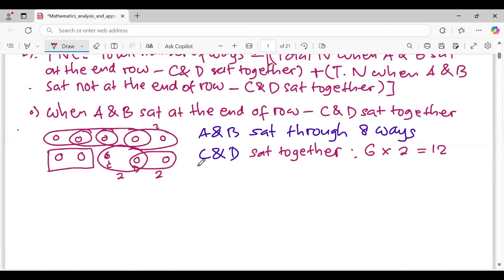After that, 12 multiplied by 6 factorial. I will calculate it on my calculator: 8,640. Why 6?